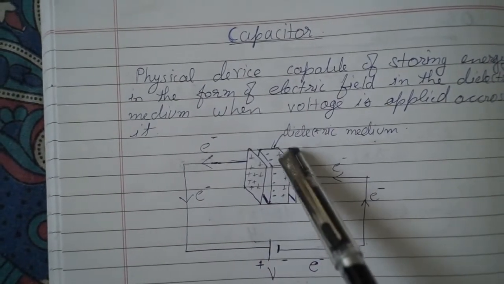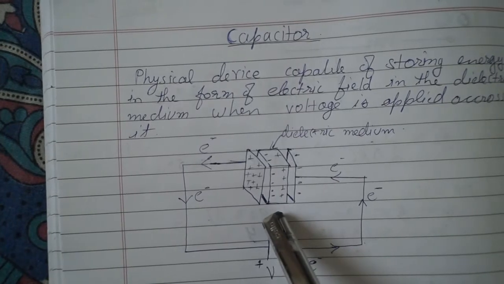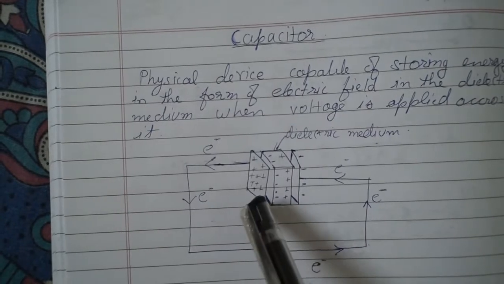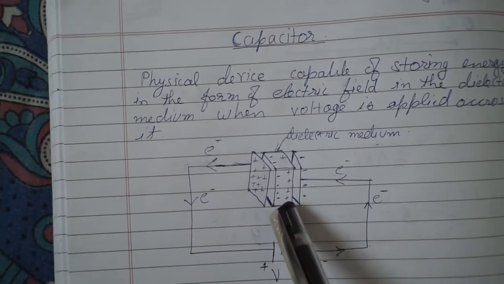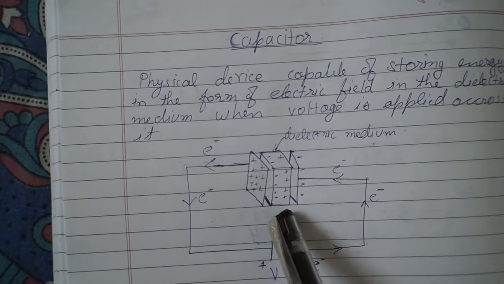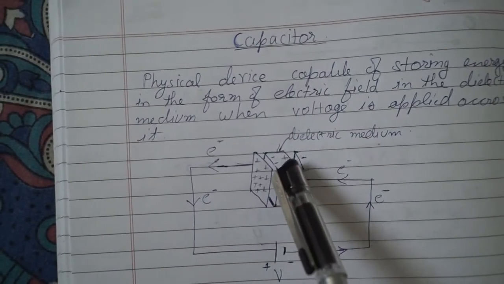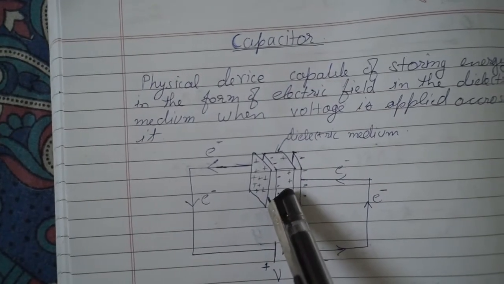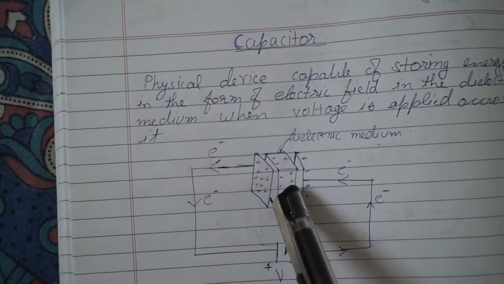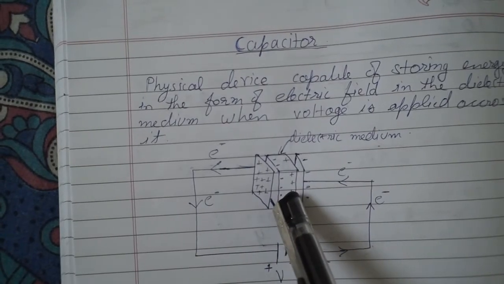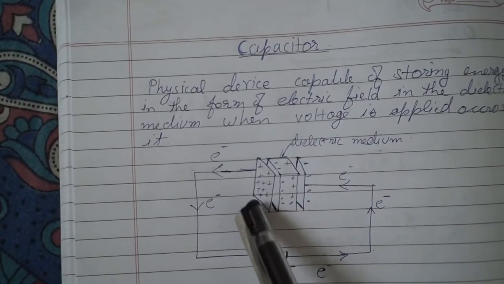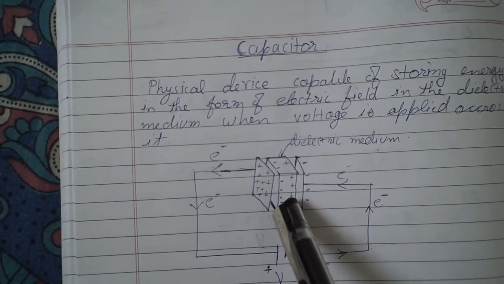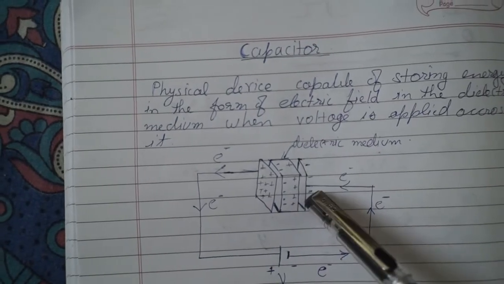This dielectric medium is an insulator, but when charge is applied across it, the electrons in the dielectric medium get shifted towards the positive plate, and the holes get shifted towards the negative plate.